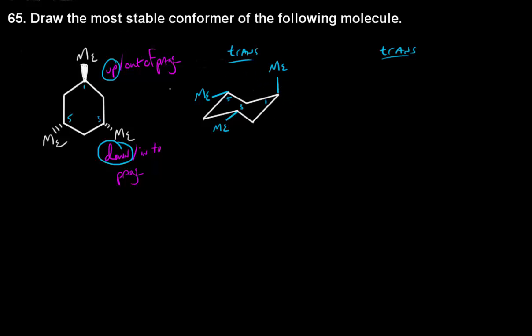So let's do a ring flip real quick. And this will be our ring flip. So go ahead and redraw this cyclohexane ring. Pause the video, redraw the cyclohexane ring, and try to draw it after the ring flip and reposition all of these methyl groups. Okay, so go ahead and pause the video, come back in a sec.